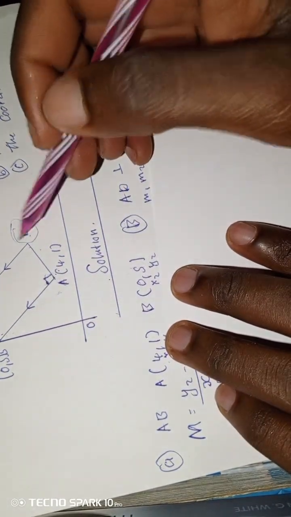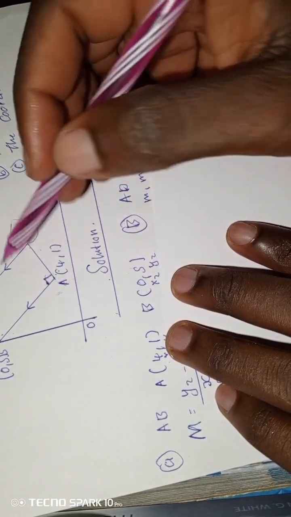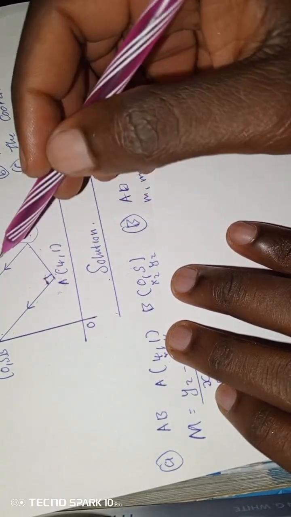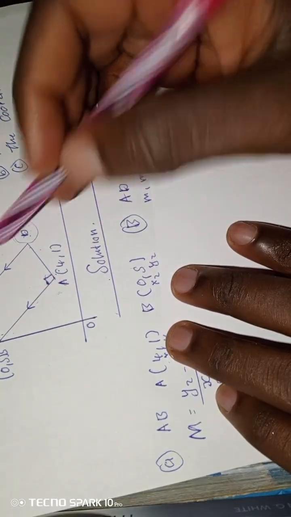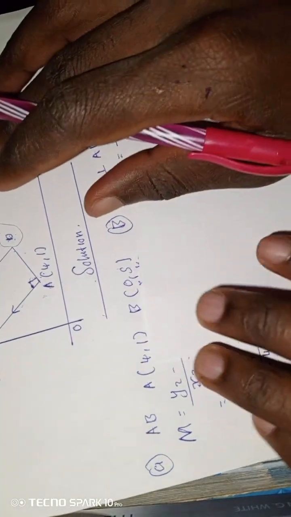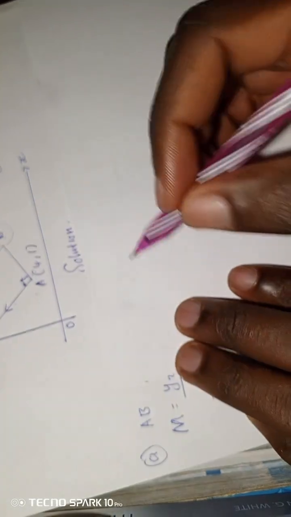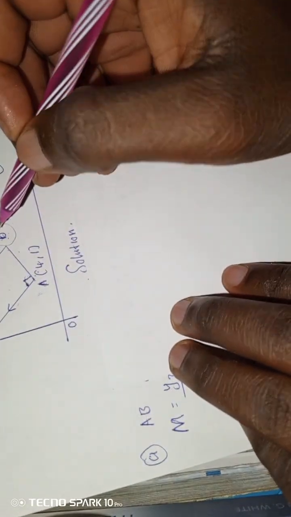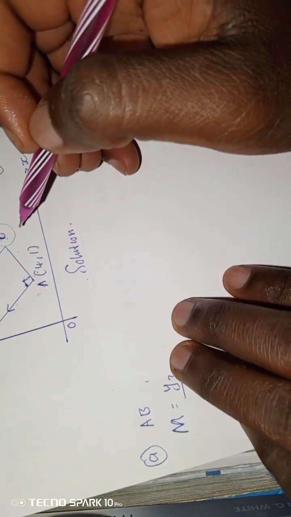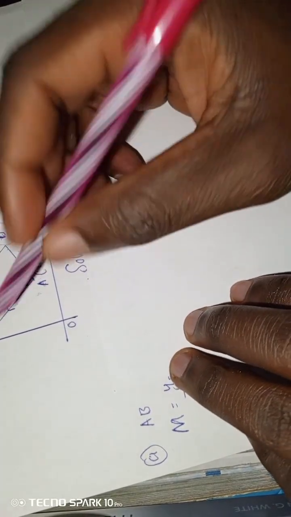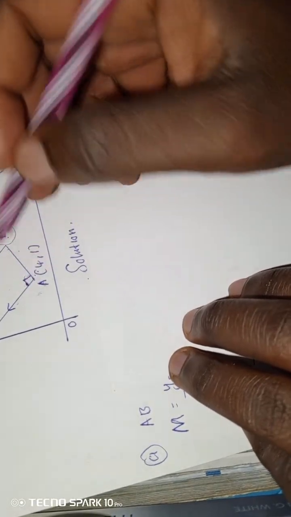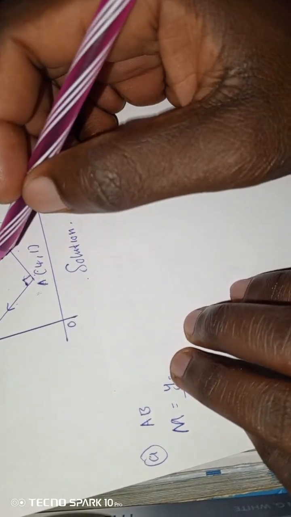AB and DC are parallel lines. That means AB and DC have the same gradients. So we need first to find the equation for DC.